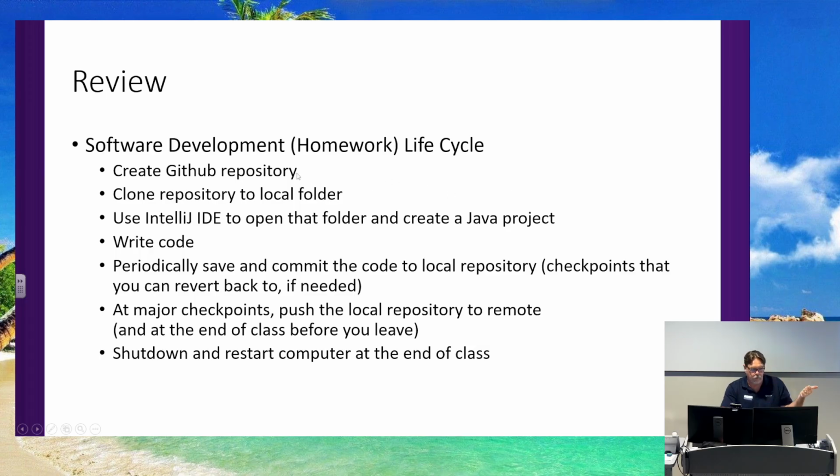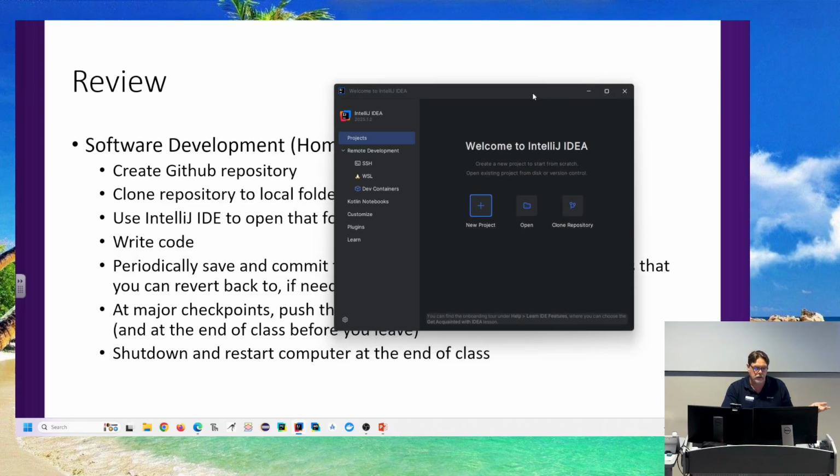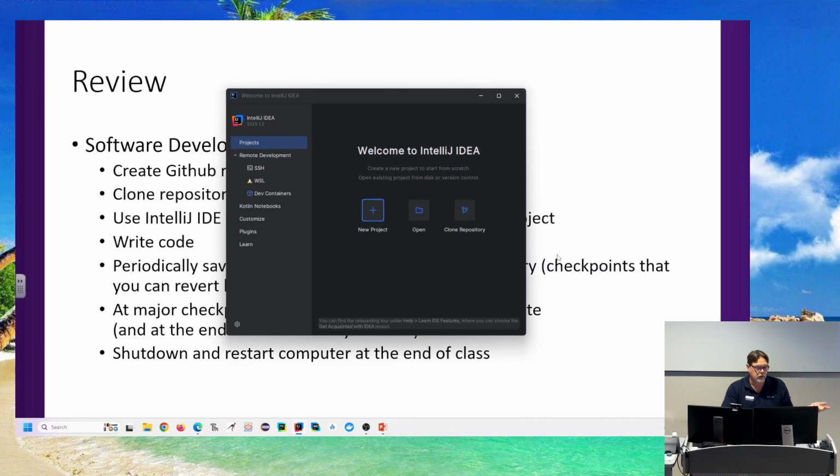Okay, so we create the GitHub repository, we clone it locally, and then IntelliJ is pretty cool because if you're using IntelliJ, one of the options that it has right here at the beginning, you can either open a folder that has a repository in it, or you can just start off with the clone button, and all you have to give it is the address of your remote GitHub repository, and it will do the rest of the commands and stuff for you.